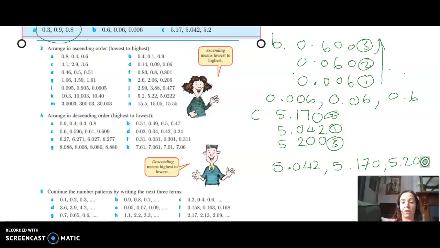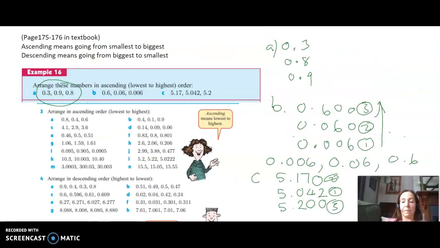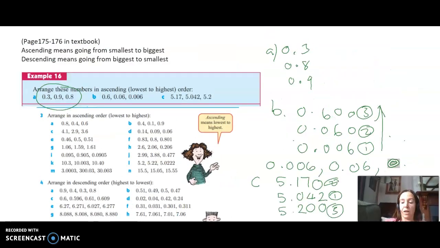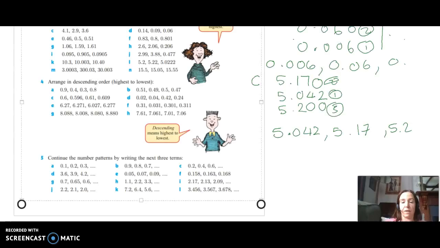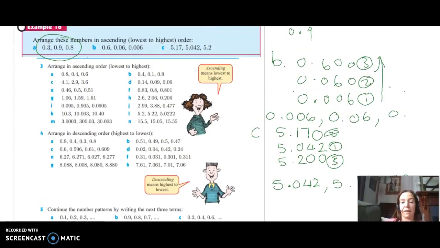Okay, so hopefully that has helped you to put them in ascending order, and obviously these ones over here are just writing in descending order. And then there's a bit of an extension on number 5 for those of you who would care to take up the challenge. Good luck.